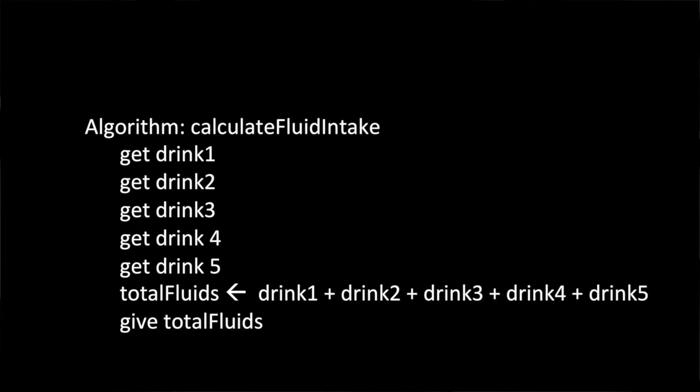So we add all those up, and then because we have an assignment statement, it stores that total in a variable called total fluids, and then I can, at the end, give to the user that value which is stored in total fluids, which is going to be the sum of the fluids I've drunk during the day.